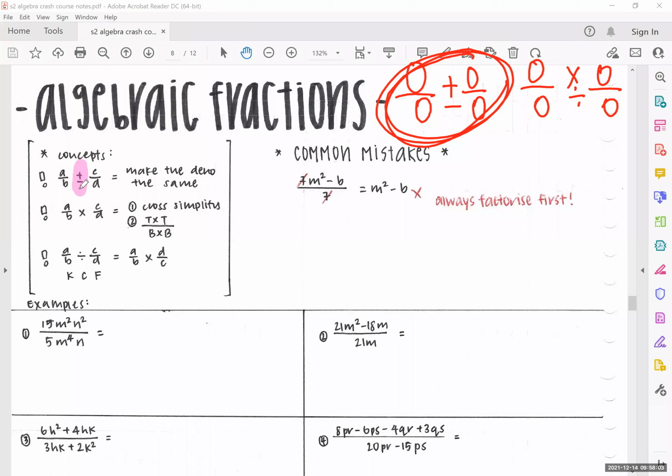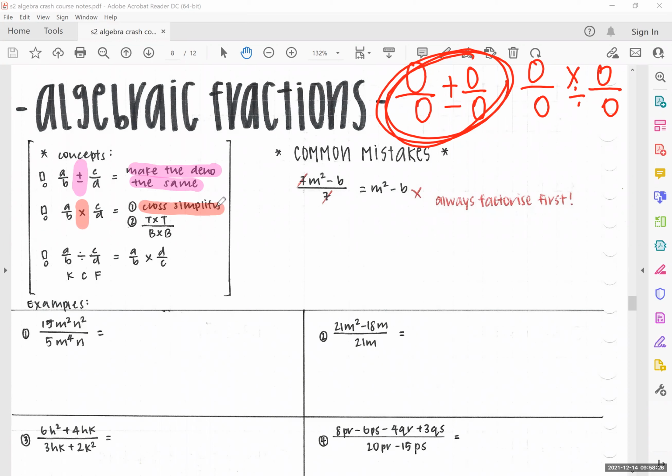When you have a fraction plus or minus another fraction, the trick is to make the denominator the same. Change highlighter color. But if we see multiply, it doesn't mean that you have to make the denominator the same. You need to cross simplify. You know cross simplify, right?